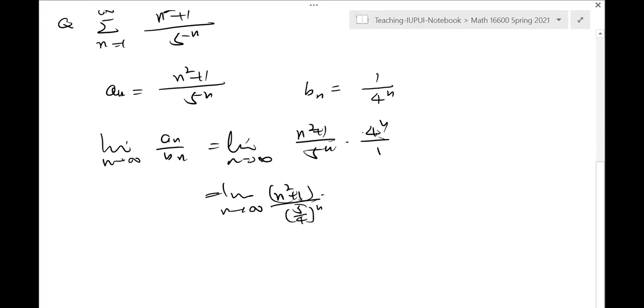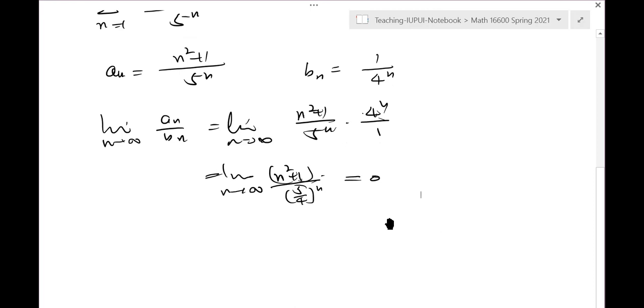So the base here, 5 over 4, is greater than 1, so the limit is 0. If the limit is 0, then according to the limit comparison test, 0 is less than 1. That's all we need.